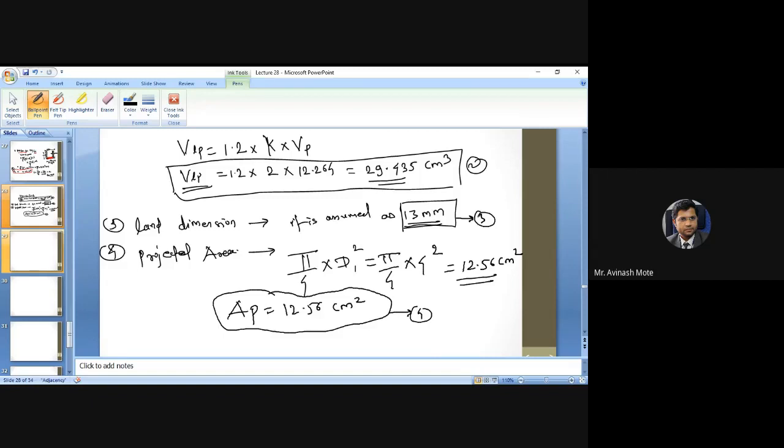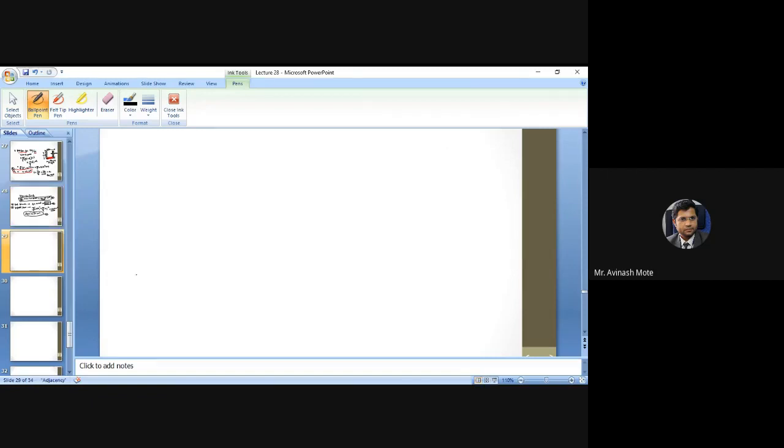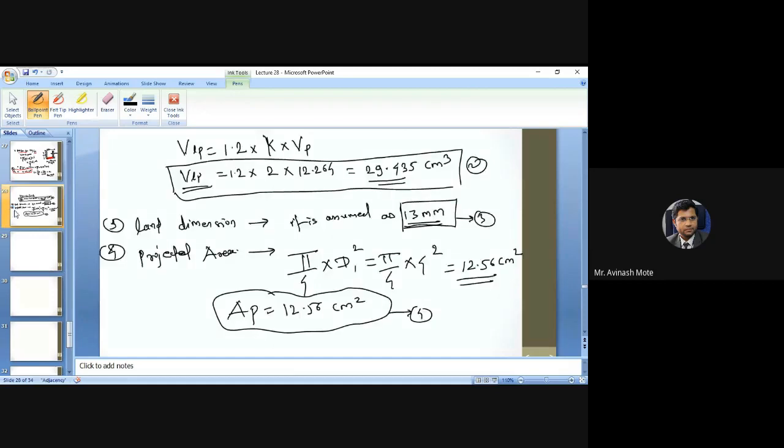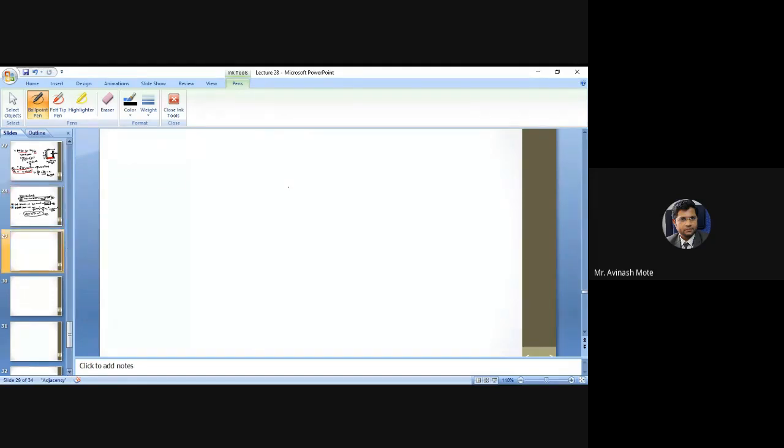Now the next one, what is the number? Fifth one was depth of loading chamber.